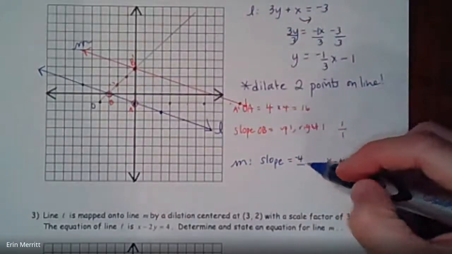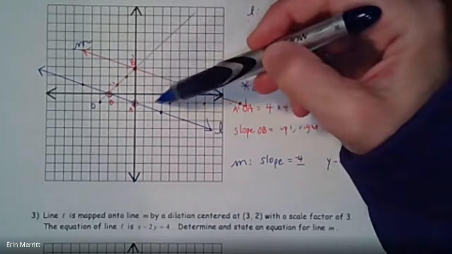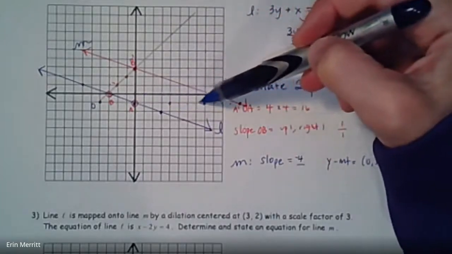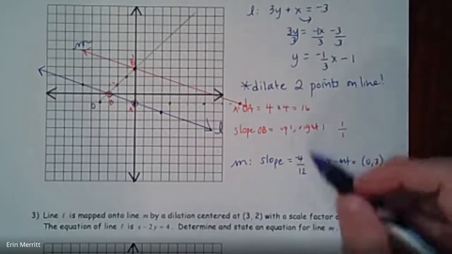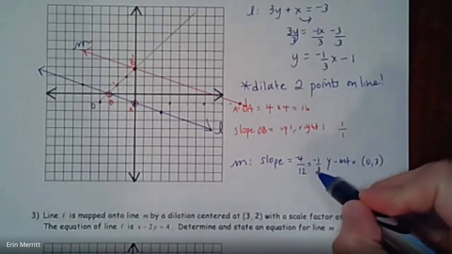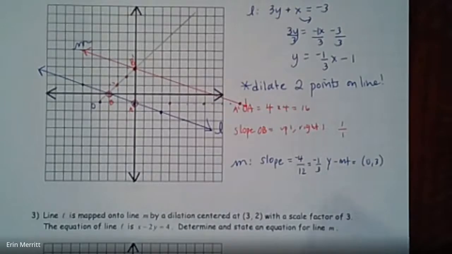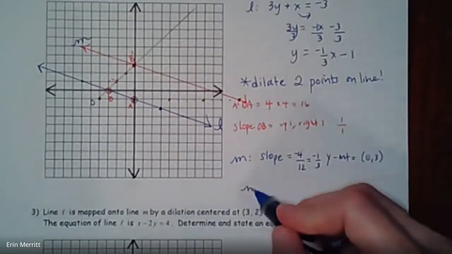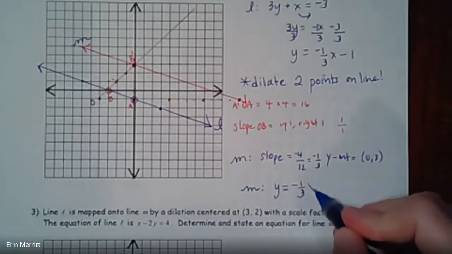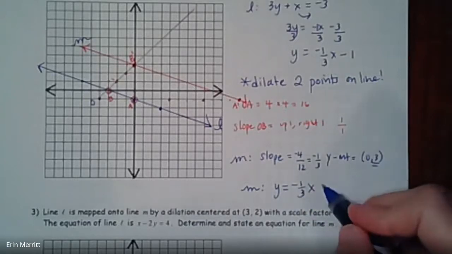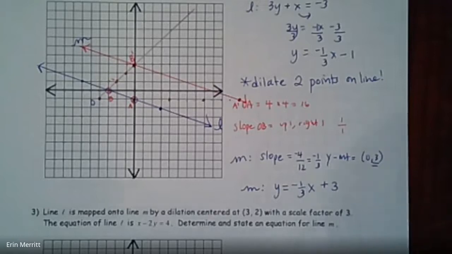So -4, and then over 1, 2, 3, 4, 5, 6, 7, 8, 9, 10, 11, 12. If we simplify that, it comes down to -1/3. So when we go to write the equation of line M, it should be y = -1/3 x, and then there's our y-intercept of +3.